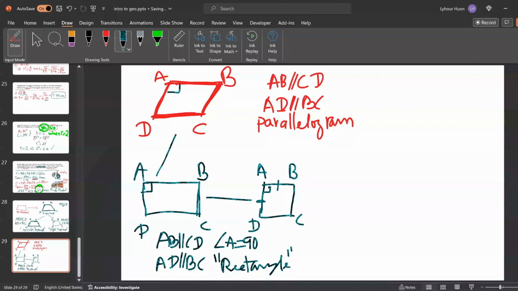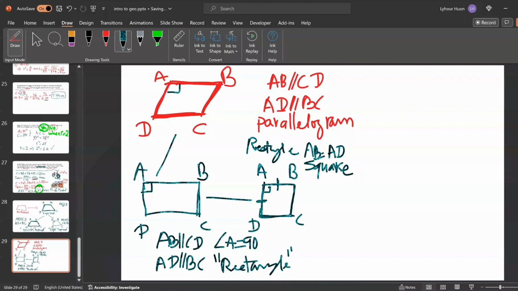A rectangle that has two adjacent sides equal. This is a square. Let's put it here. Rectangle with two adjacent sides, AB equal to AD. This is a square. Are you talking about the square? Yes, it's a square.